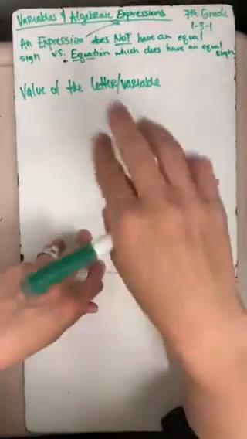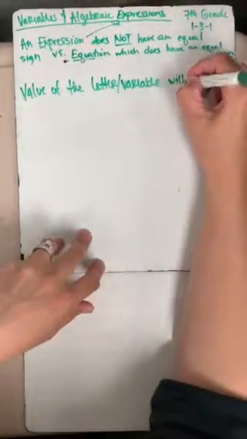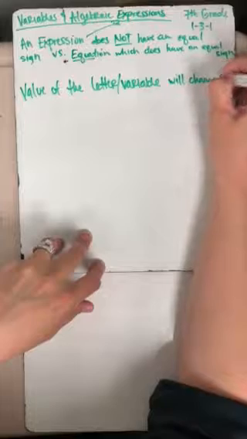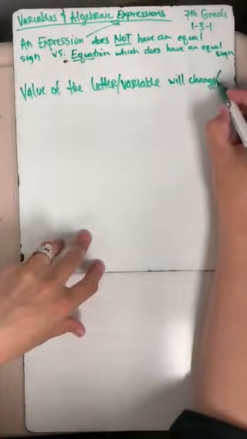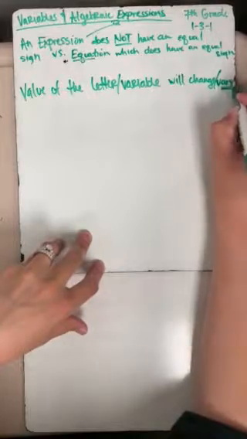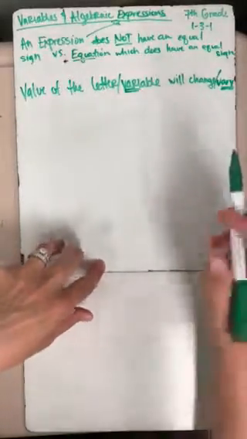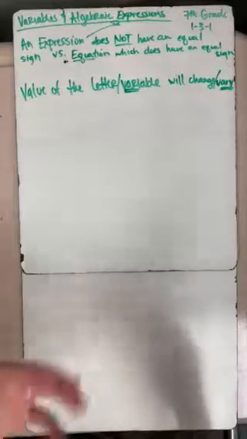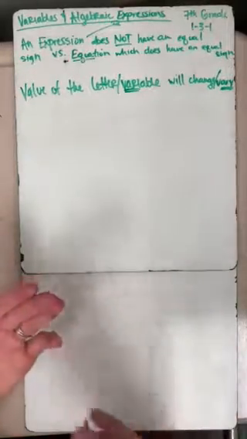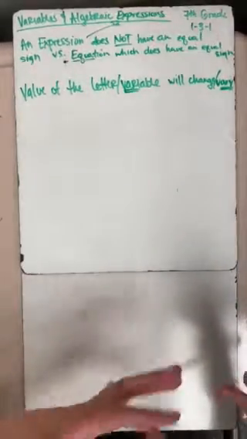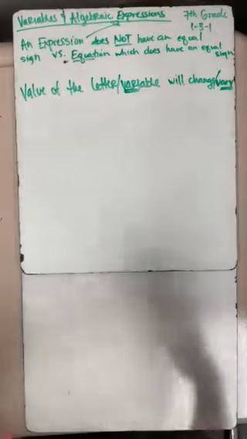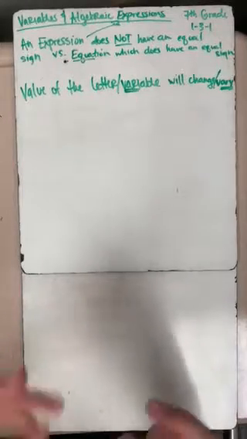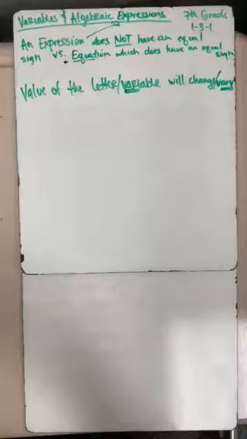So the value of your letter or your variable will change, or vary. That's why it's called a variable, okay? So make that connection. That means that X won't always be 10, or else we would just put 10 in. X is going to be changing. One time it might be 10, the next time it might be 15. That's why we have a letter stand for that value, because we don't know what it is.